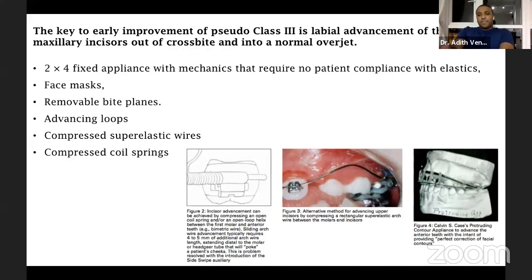Let me also reiterate that these cases of pseudo class 3 are best treated in their early years and not as adults, because a pseudo class 3, if left untreated, may develop into a full-blown skeletal class 3 later. There are studies which also say that even though the skeletal pattern is class 1, a pseudo class 3, if left untreated, may become a very severe class 3 later.